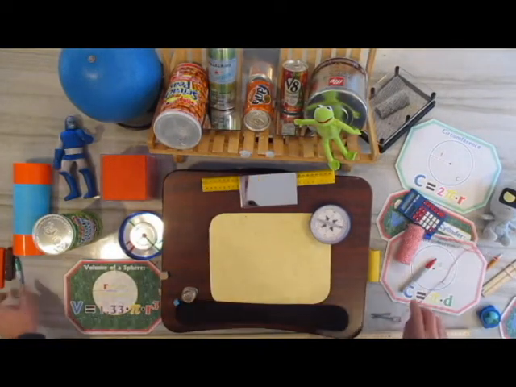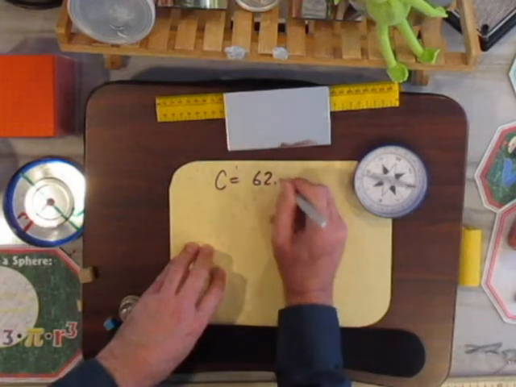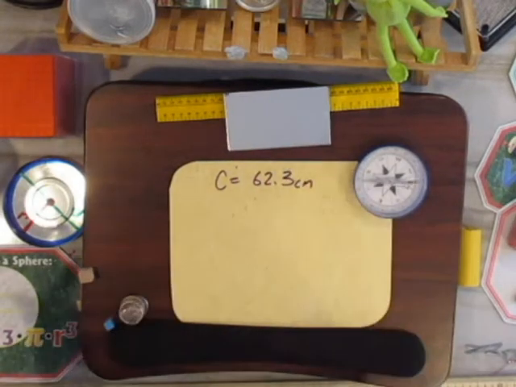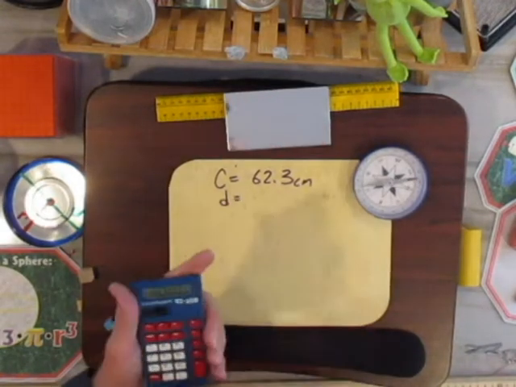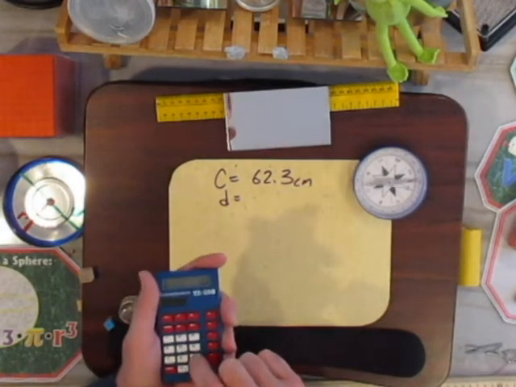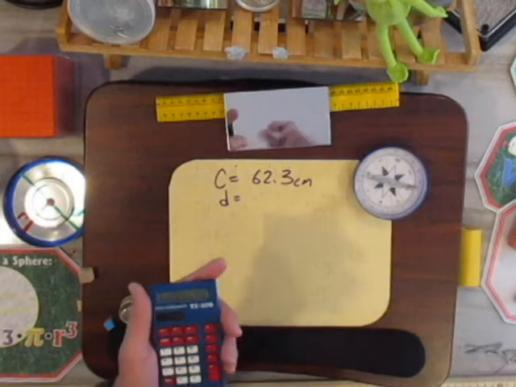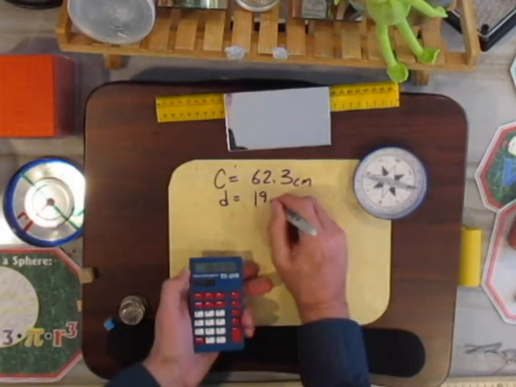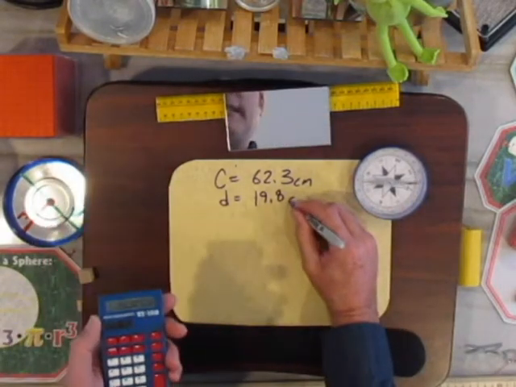So if circumference equals 62.3 centimeters, well, as you know, if I divide that by pi, that'll give me my diameter. So 62.3 divided by 3.1415926, okay? And I get 19.8, and there's a 3 after that, but I'm just not going to write it down, centimeters.